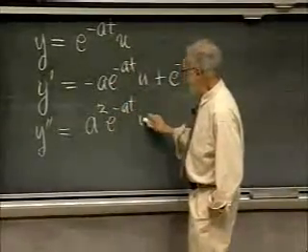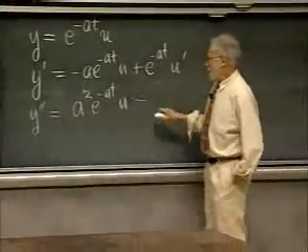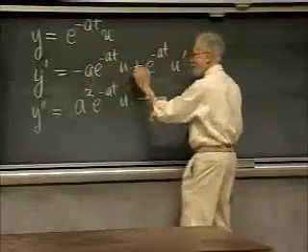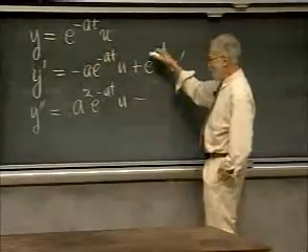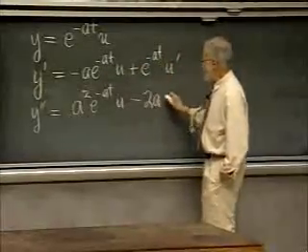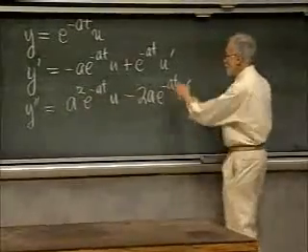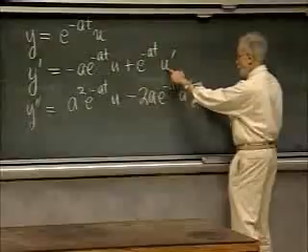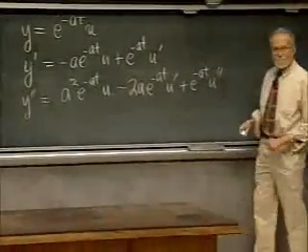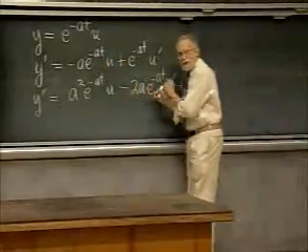I'll have to do this a little fast, but the next term will be minus a e to the minus at times u prime, and from this you're going to get another minus. So combining what you get from here and here, you're going to get minus 2a e to the minus at u prime. And then there's a final term which comes from this, e to the minus at u double prime. Not 2 of these, because a piece here and a piece here combined to make that.